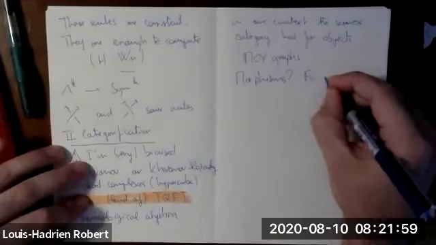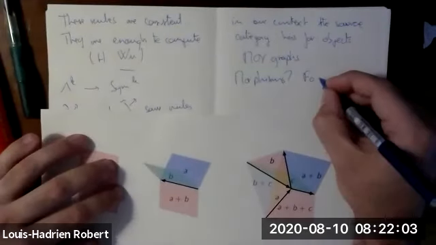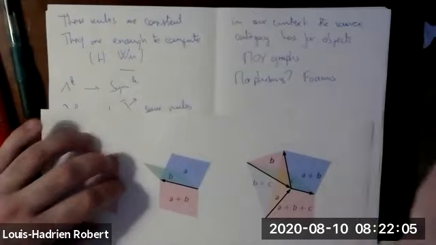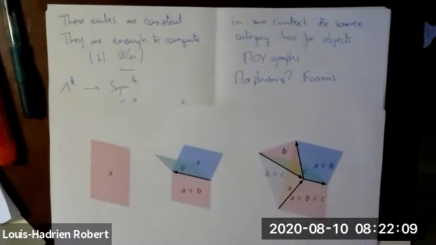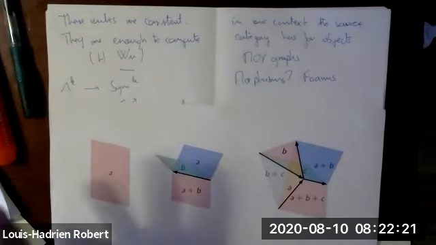Foams are what will replace surfaces. If you were working with circles, then a morphism between these circles would obviously be a surface with boundary. Now we have these Moy graphs that you can think of as one-manifolds with some singularities, and actually with some extra data such as orientation and labeling.